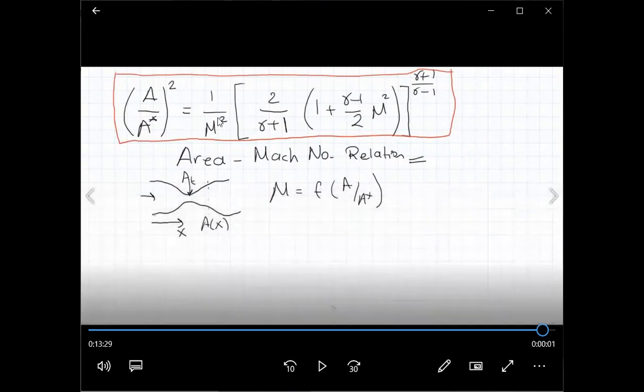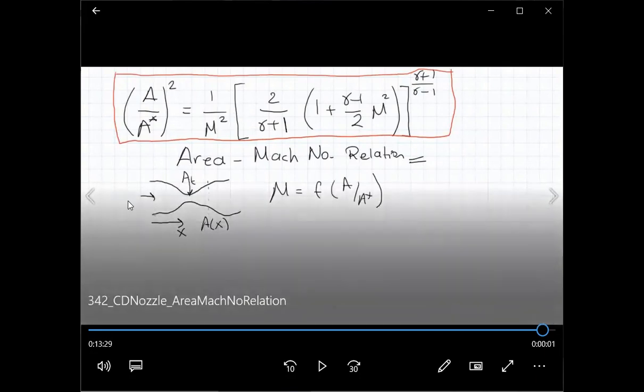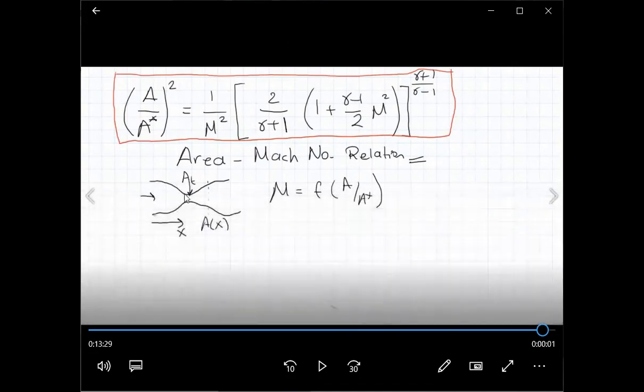Okay, if that ratio is not equal to that, with that given incoming inflow Mach number, you will not be able to choke the flow at the minimum area location. Why is choking important? And what is the physics relevant to it? We will actually see in the next few videos.